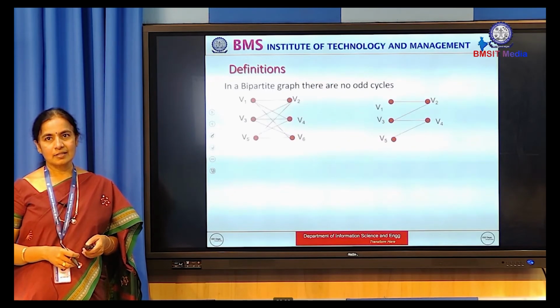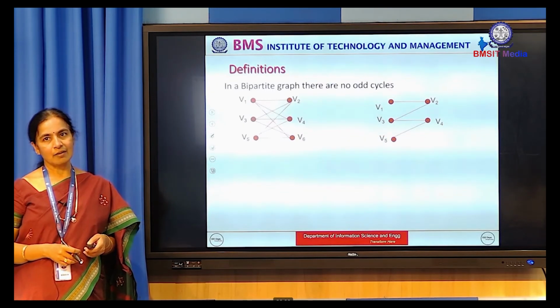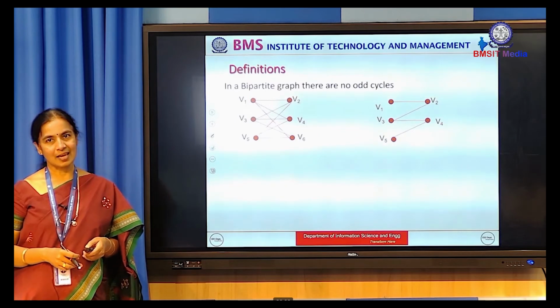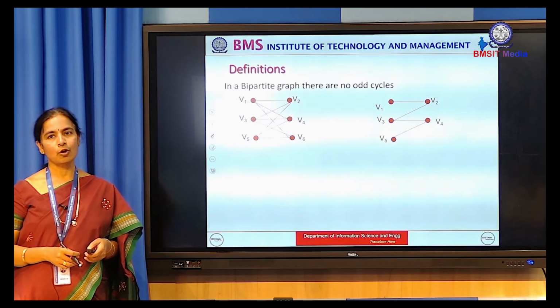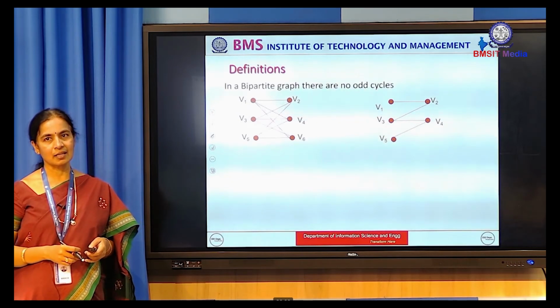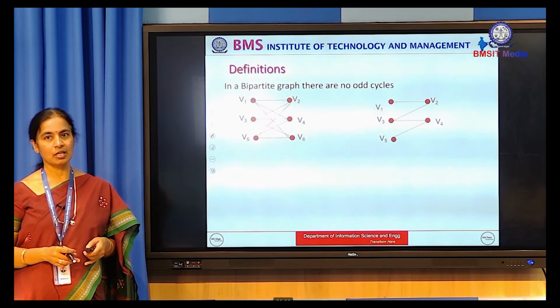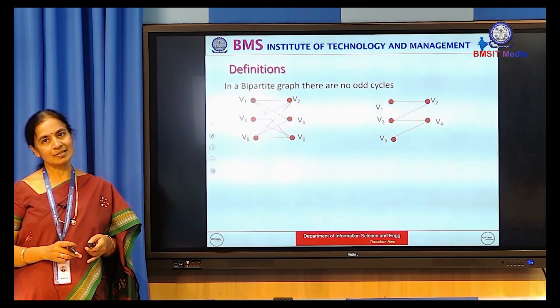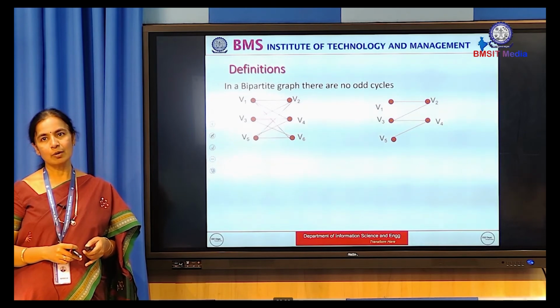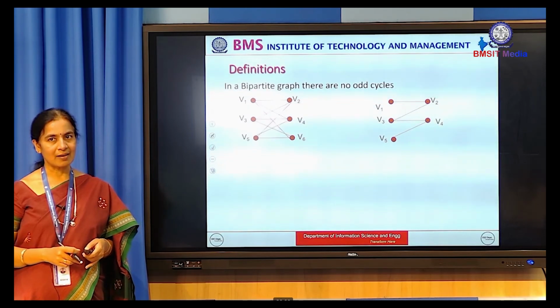Next, in a bipartite graph there are no odd cycles, right. If we have an even number of vertices, then we will have a cycle, but if we have an odd number of vertices, then we will not have a cycle.